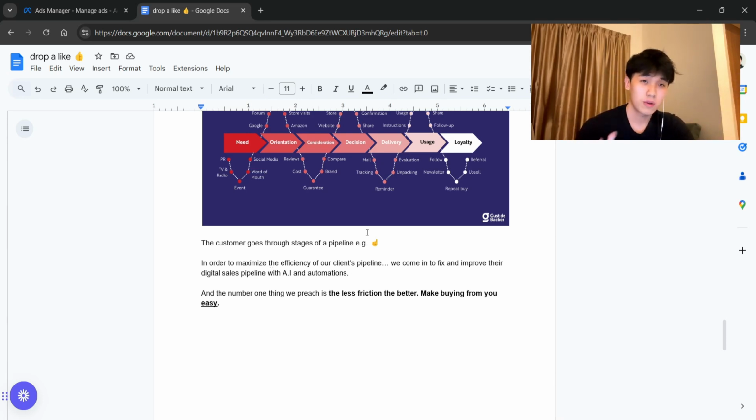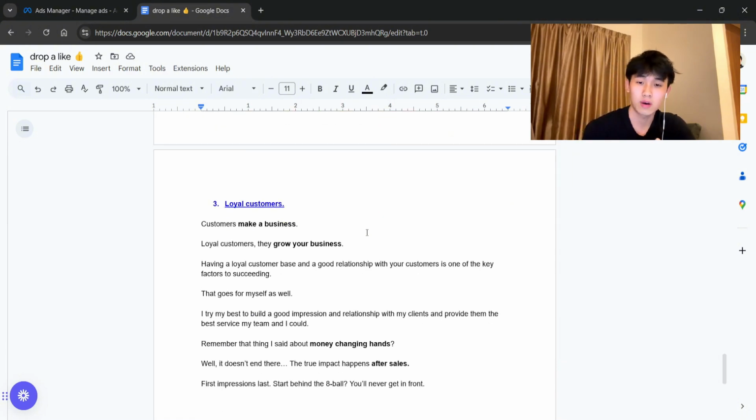Now, moving on, I want to get to the last point here, which is loyal customers. Customers make a business. Loyal customers grow your business together with you. Having a loyal customer base and a good relationship with your customers is one of the key factors to succeeding. And how you want to achieve that is through after sales efforts. After we sell something to someone for our clients, we don't just abandon them.